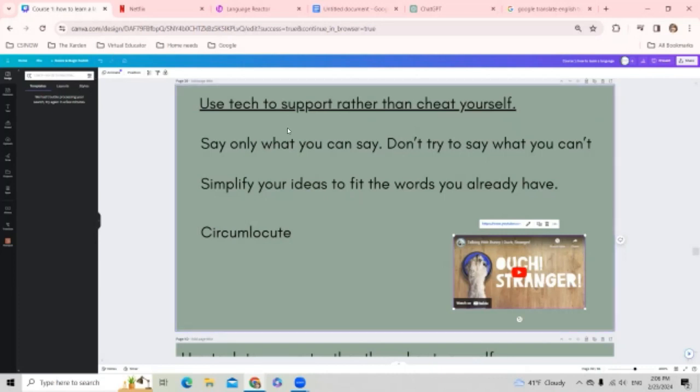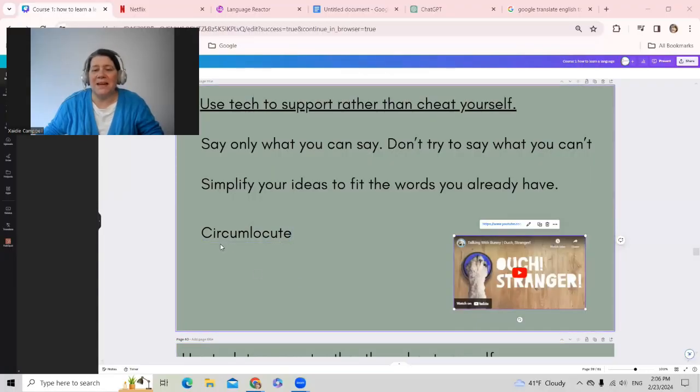That is called circumlocution. I'm going to share again so I can see you guys. That is called circumlocution. Bunny just circumlocuted. And it is an incredibly important skill. She simplified what she was feeling so that she could communicate it.